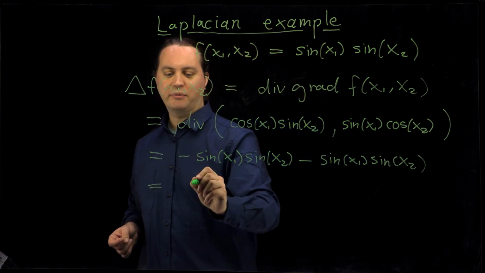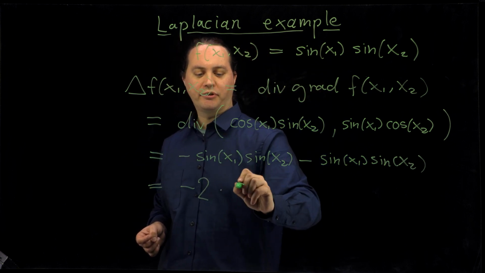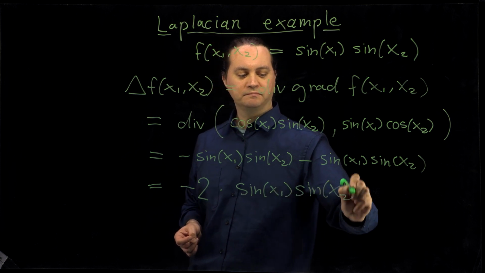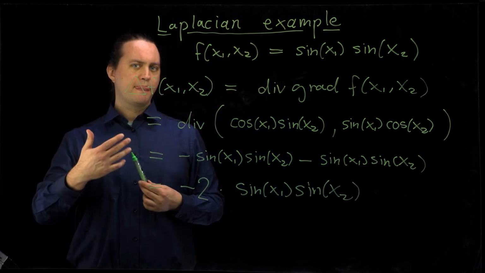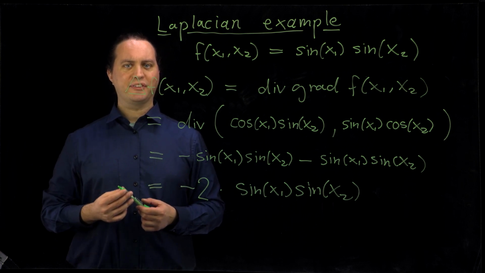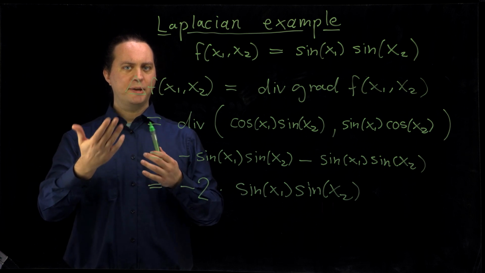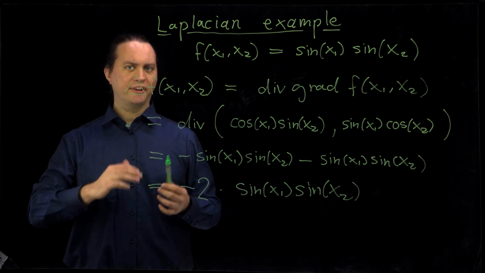And of course we get the same result: negative 2 times sine of x1 times sine of x2. Both possible definitions of the Laplacian are important, and depending on circumstances, one might be more convenient to work with than the other.